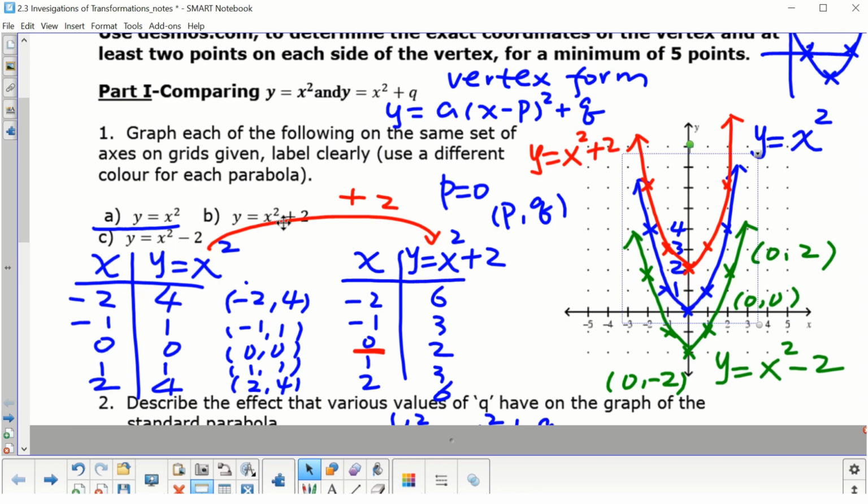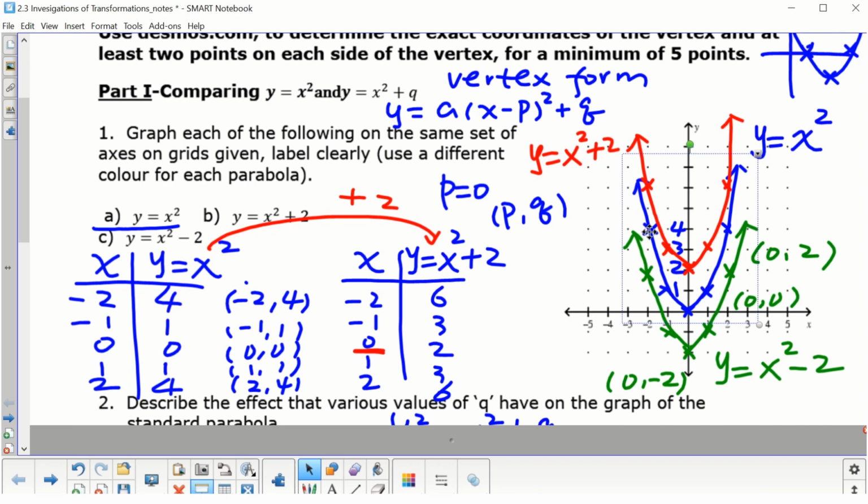So if we have y equals x squared plus 2, what we are going to do is take all the y values of the blue curve plus 2. Then all the y values just shift 2 units up. You have the red curve. That is y equals x squared plus 2. For x squared minus 2, it's just all the y values of the blue curve minus 2.